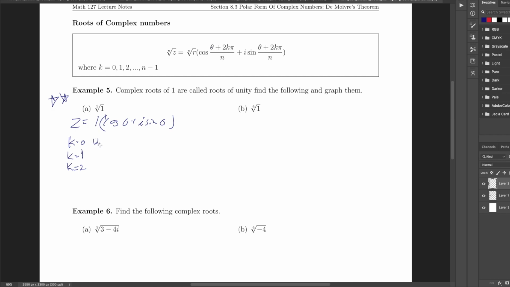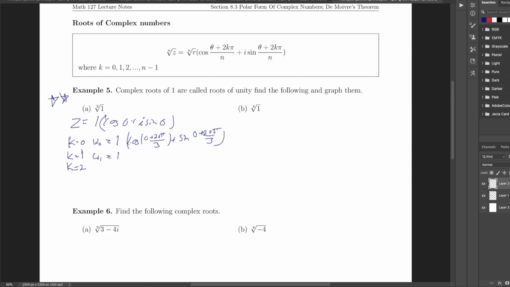So w0: I'm going to plug k equals 0, so the cube root of 1 is still 1, and then here we're going to have cosine of 0 plus 0 pi over 3 plus i sine of 0 plus 0 pi over 3.